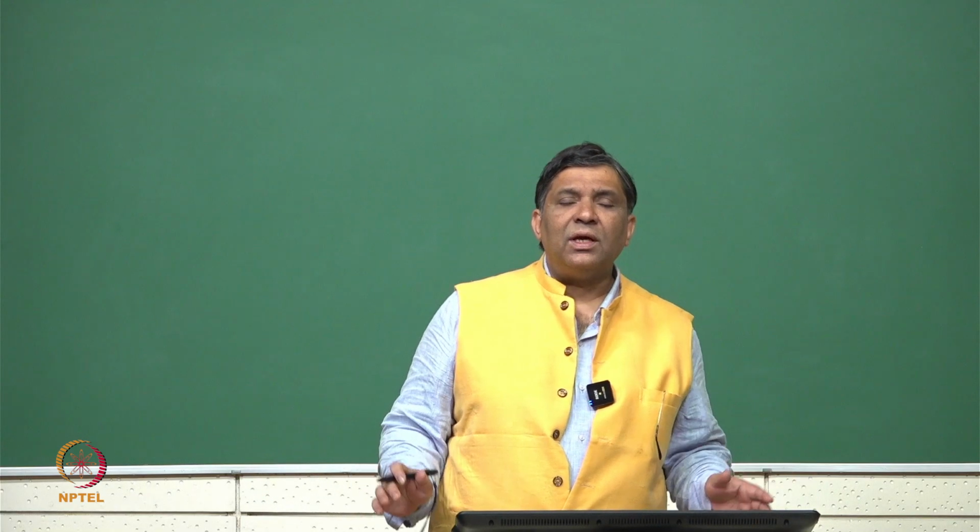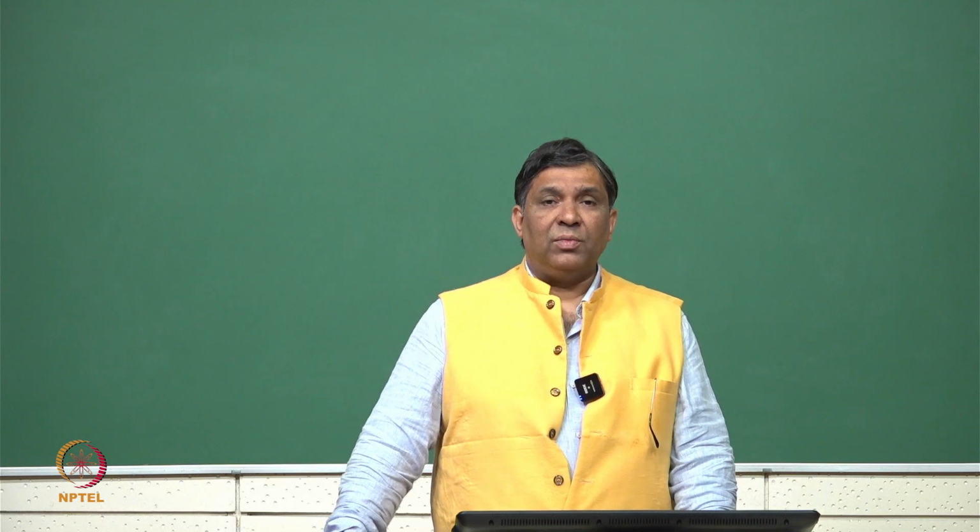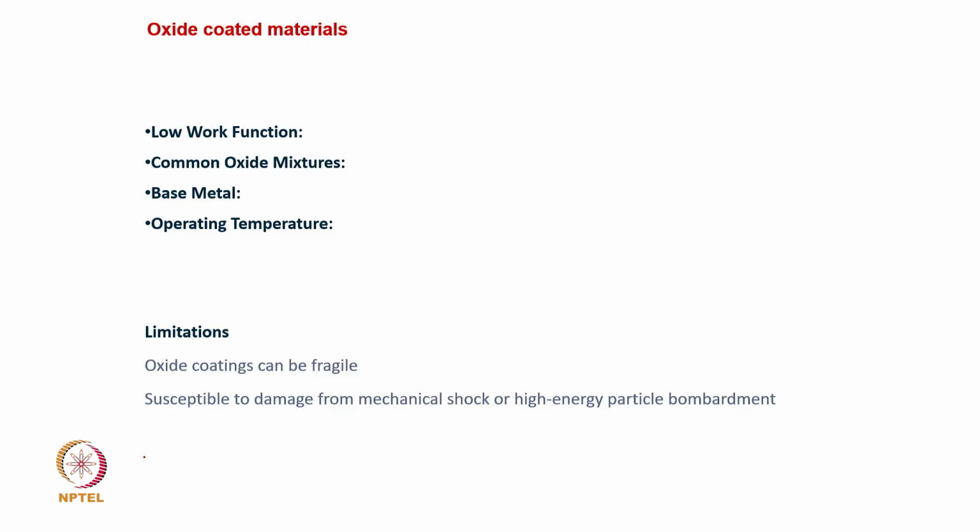The second set of materials which people have used are oxide coated materials, or oxide materials. Some of the popular oxide materials are barium oxide, strontium oxide, calcium oxide, or a combination of different oxides. People have shown that they have very low work function, and some oxide mixtures can be very efficient emitters.